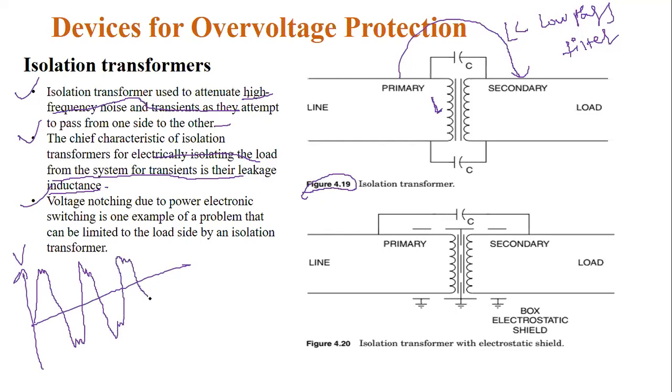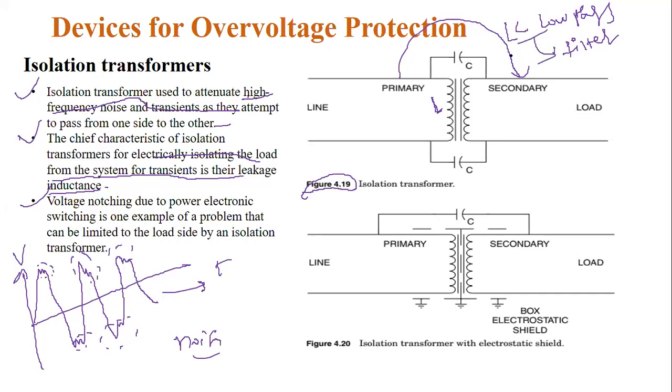Yes, like this. These notches. Now see these notches. See this. Are noises. They can be filtered by this inductance as well as the capacitor, which is nothing but the LC filter.